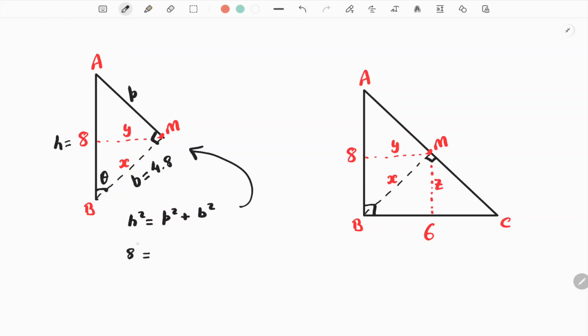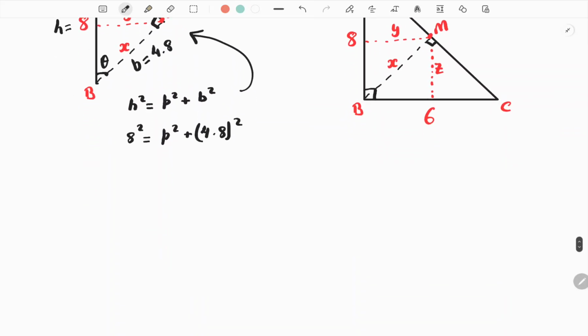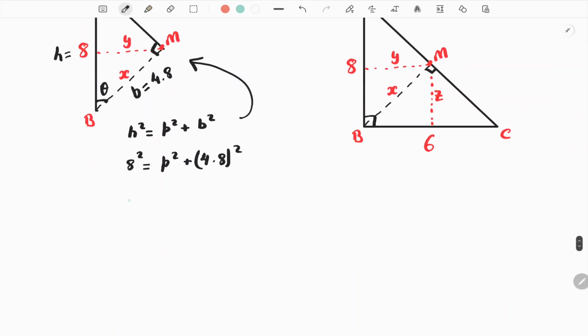So we can write h square, which is equal to P square plus, instead of B, I'll put 4.8, so it becomes 4.8 square. Here h square is 64, which is equal to P square plus 4.8 square.